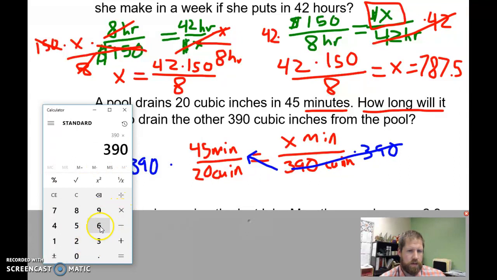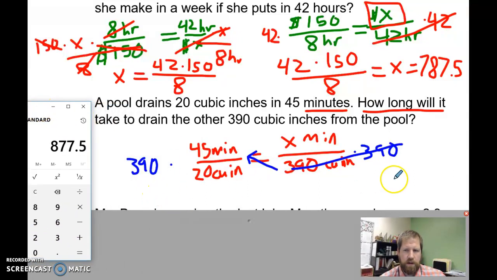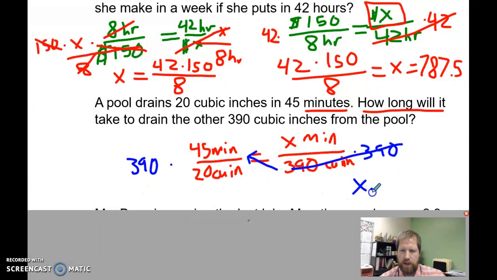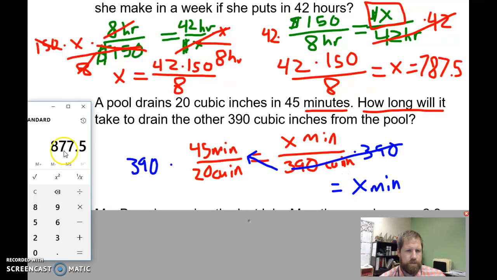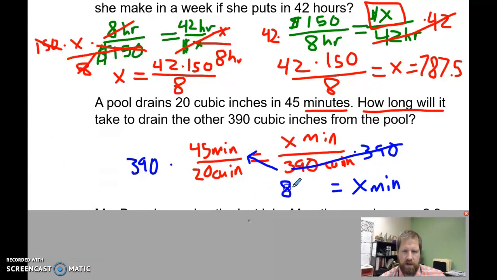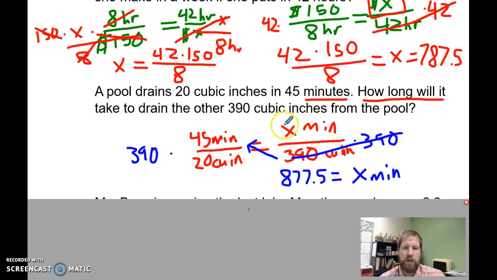And I have 877.5. So x minutes is equal to 877.5. And that's it, nice and quick, one step and done. Make sure that you keep your units straight.